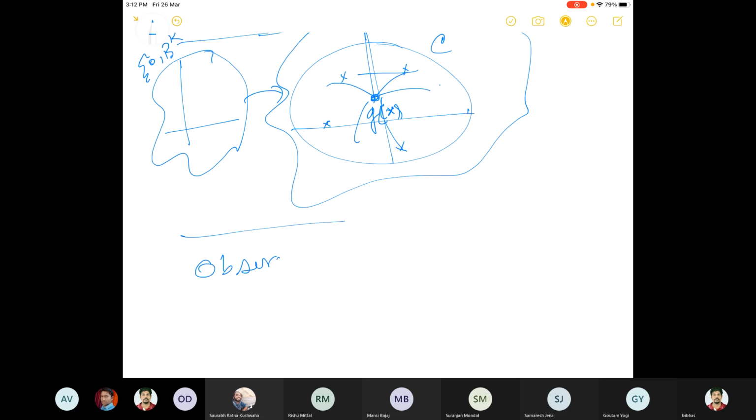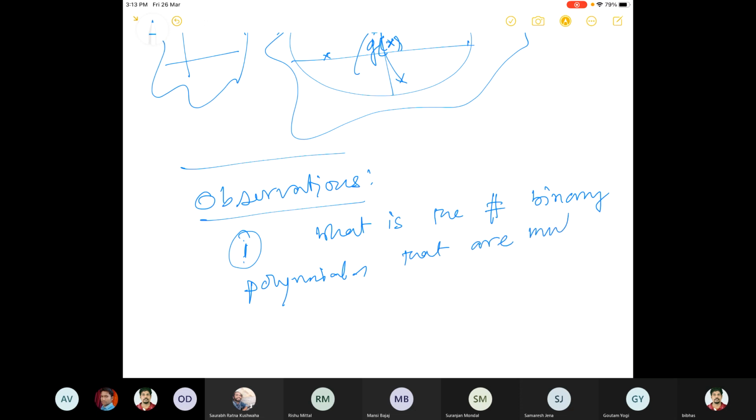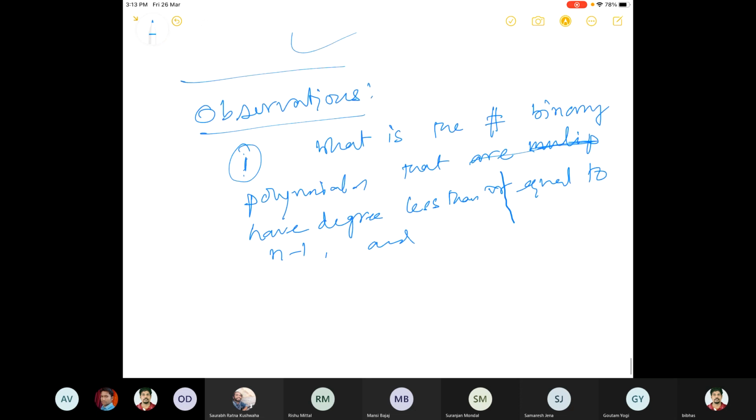First observation. If I ask you, what is the number of binary polynomials that have degree less than or equal to n minus 1 and are multiples of G(x)?